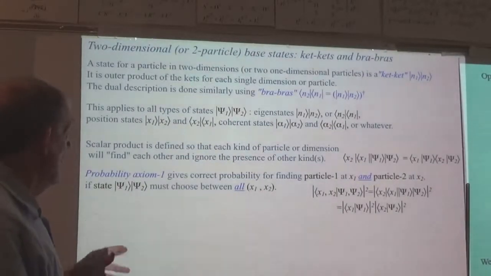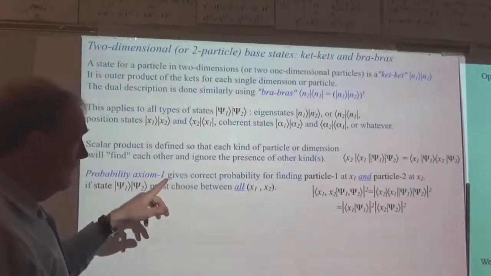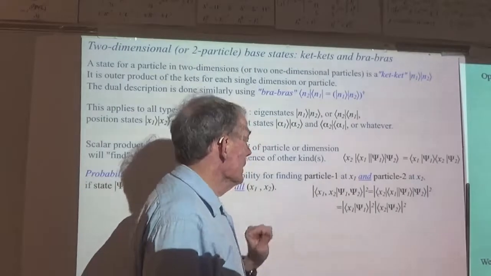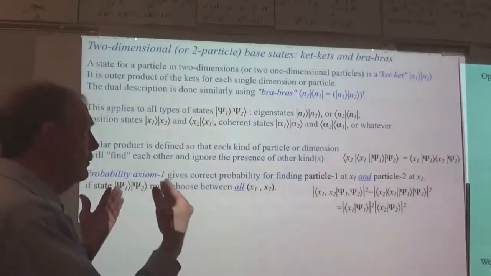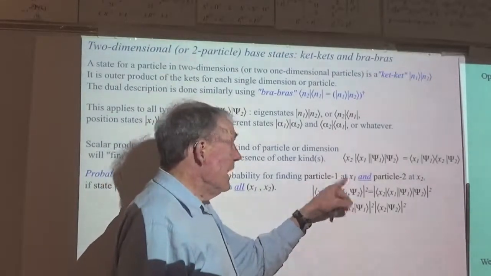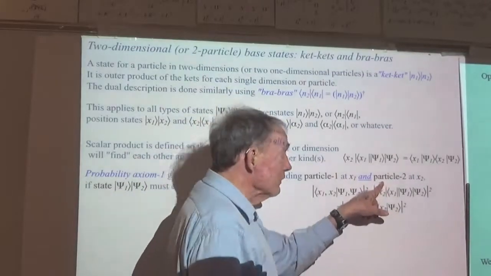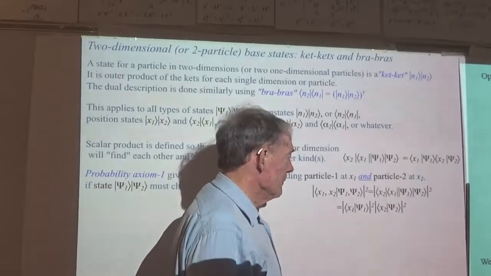So this basically is saying that when I take a square of one of these things, it should be finding the probability to have counted particle 1 at x1 and at the same instant, or nearly the same instant, particle 2 at x2.